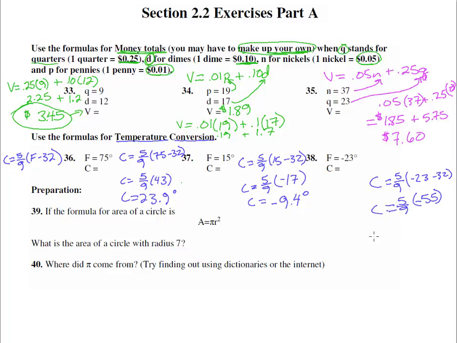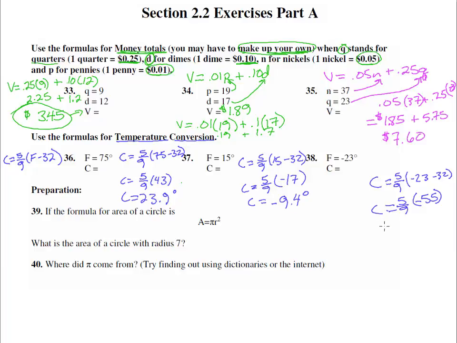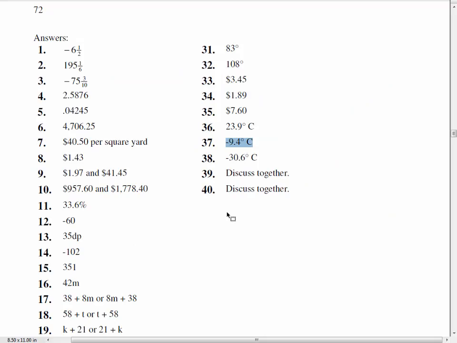So punch that into the calculator, and we get 55 negative times 5 divided by 9 equals negative 30.555, round up to negative 30.6. And we get equals negative 30.6 degrees Celsius. Let's check our answer. Oh, there it is right there.